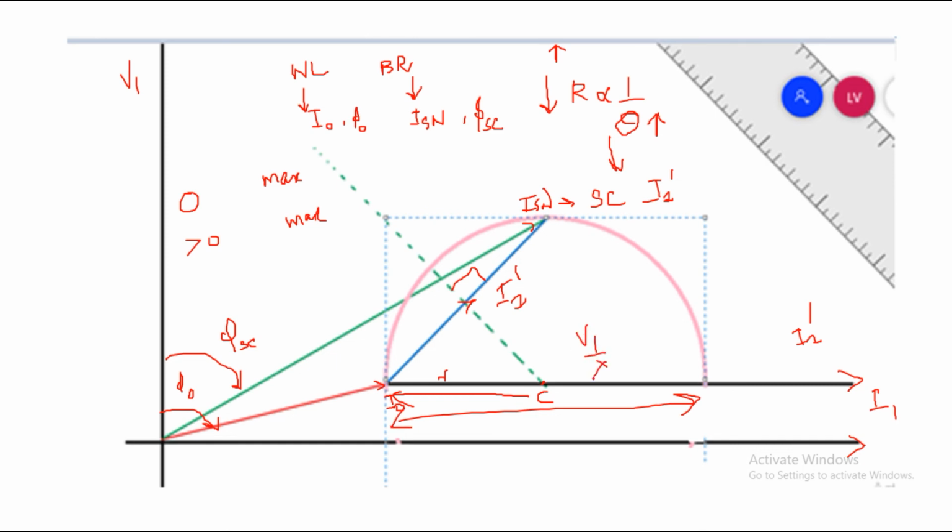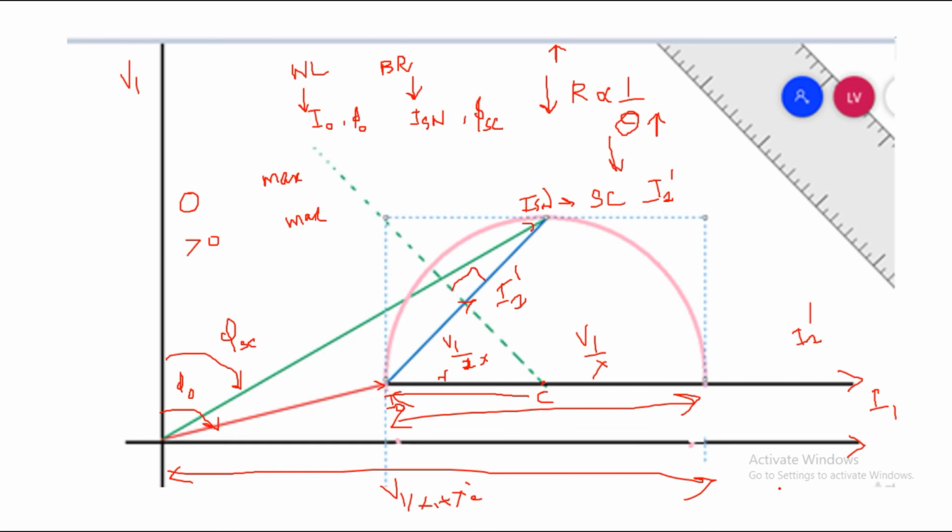So the radius value will be V1 by 2x, and the diameter for I1 also is V1 by x, because we know if you are having a locus diagram for I2 dash, then we will have a locus diagram for I1 too, in addition to I0. And this is about the drawing of the locus diagram for I2 dash and fixing the center of the circle for I2 dash.